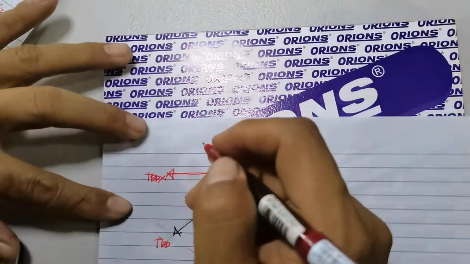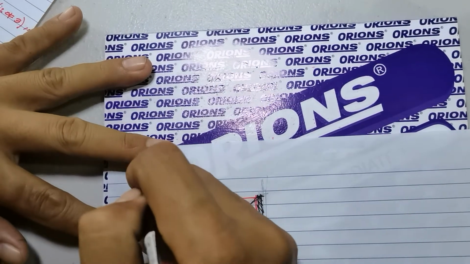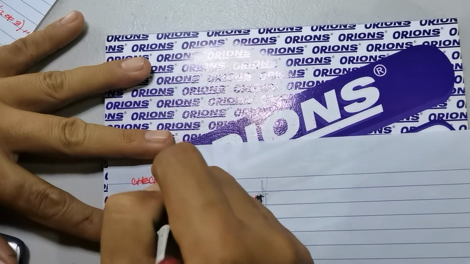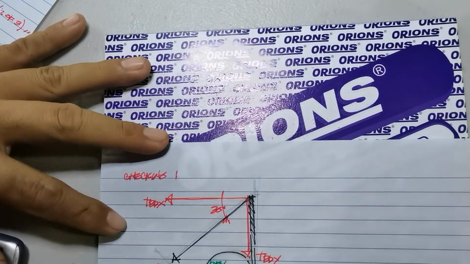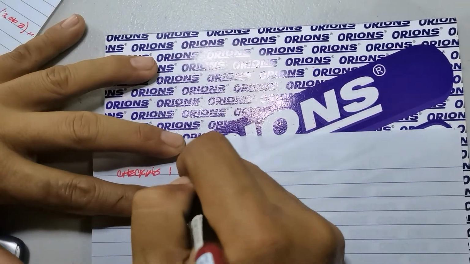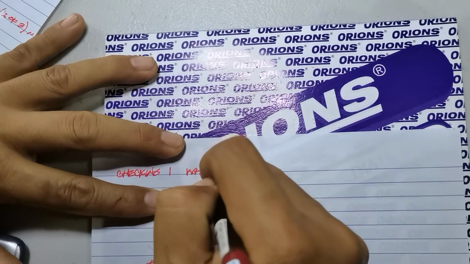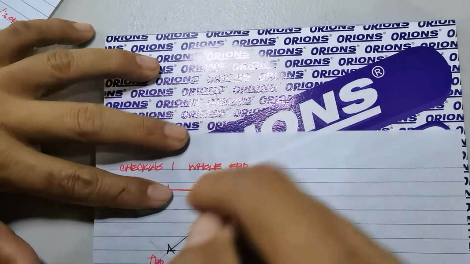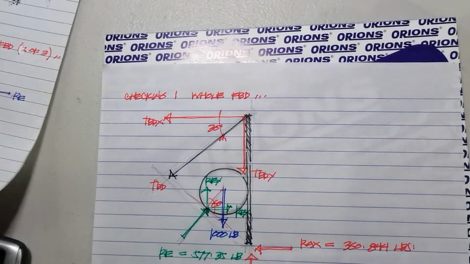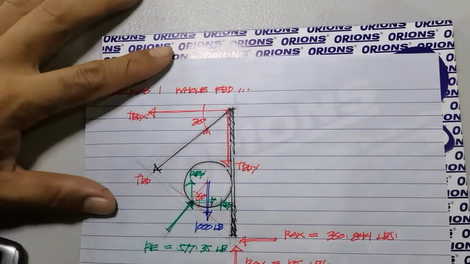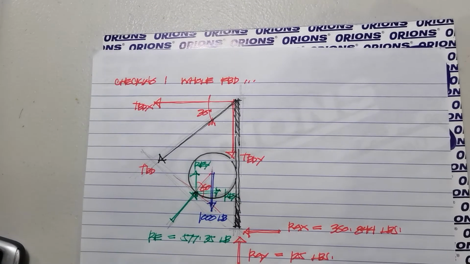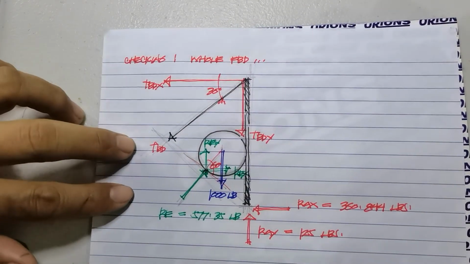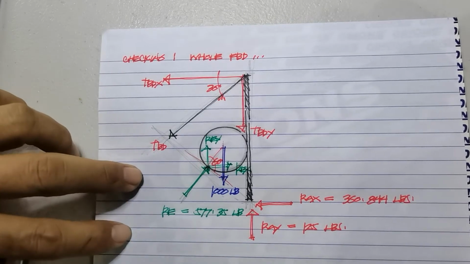So, checking. So for checking purposes, gagamitin natin yung whole free body diagram. So in this case, we'll be making use of only the summation of forces vertical and summation of forces horizontal equation.